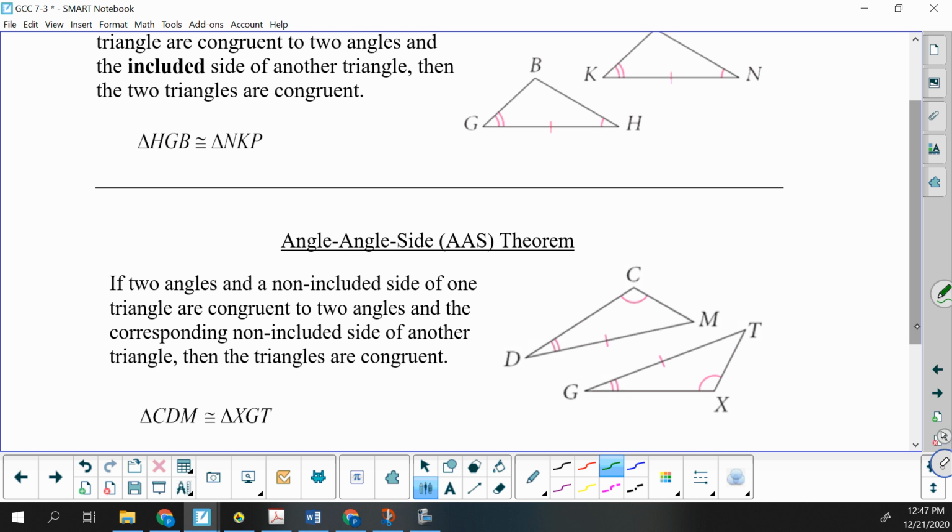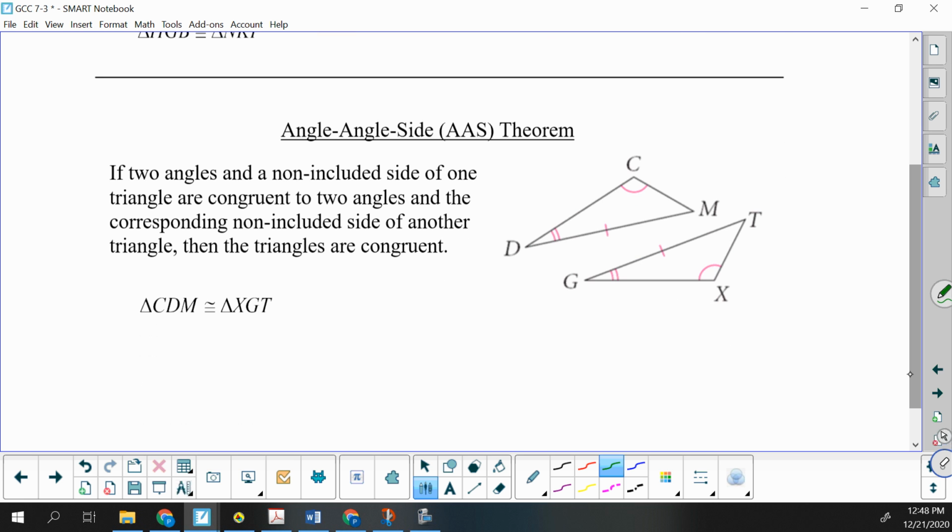So both will give you congruent triangles, but you need to be able to properly identify them by whether the side is in between the two angles, so that would mean it's the side connecting the angles, or not in between. And you have congruent statements for each of those, and again, we'll practice making those congruent statements. So those are the four that we have.